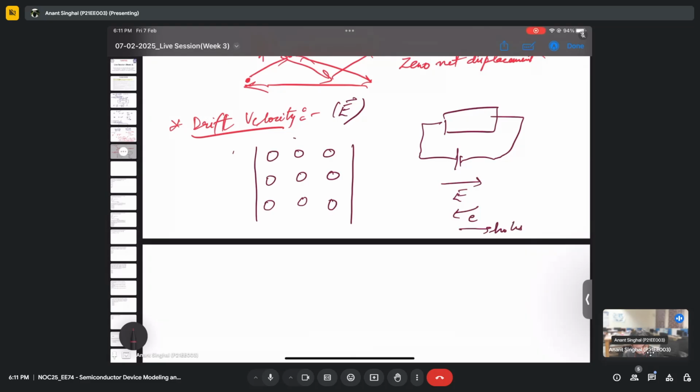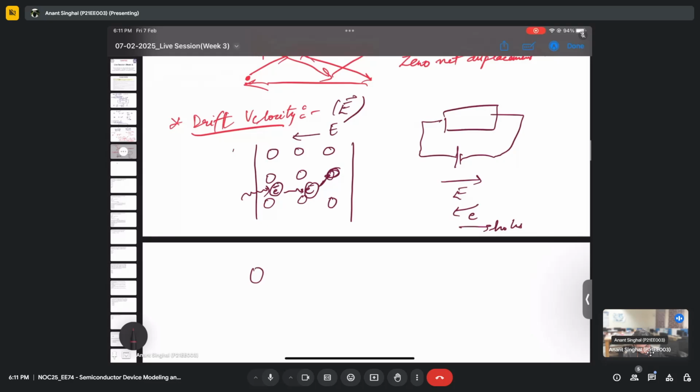So let's say now I applied an electric field here. What will happen? Let's say there is an electron present here. It will move in some way, let's say like this. So it will go from here, and there is a possibility that there might be a collision of this electron with this particular atom. Or, as I said, the device or the substrate may get heated up, which will result in the movement of these particles.